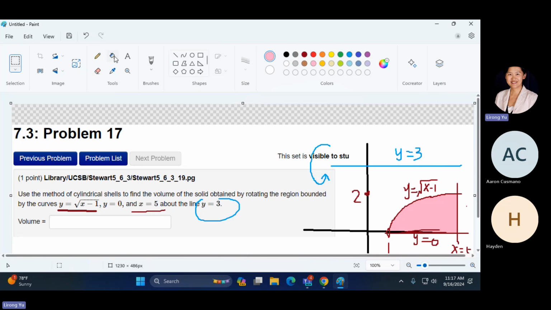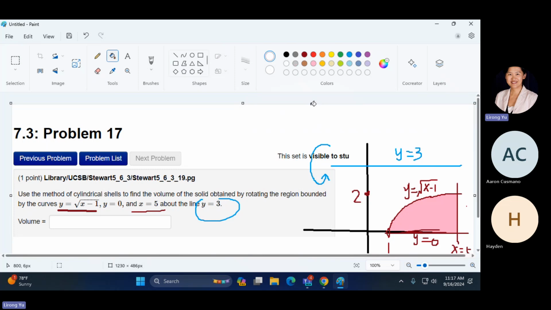So this is going to be revolved with y equal to 3 as the center line. That's what it looks like after we revolved it. We are going to use the shell method.